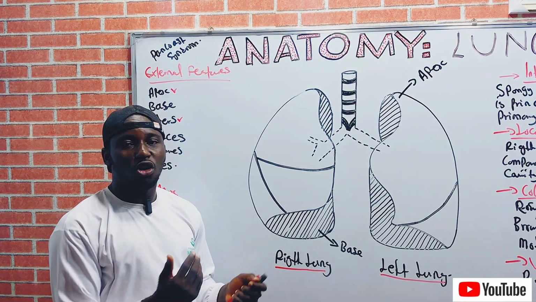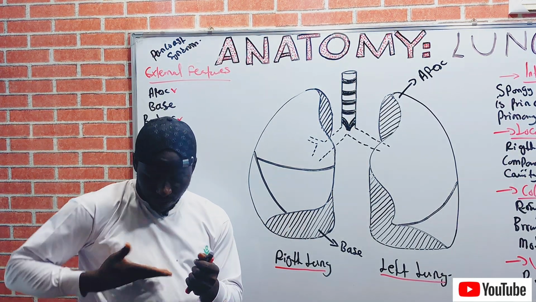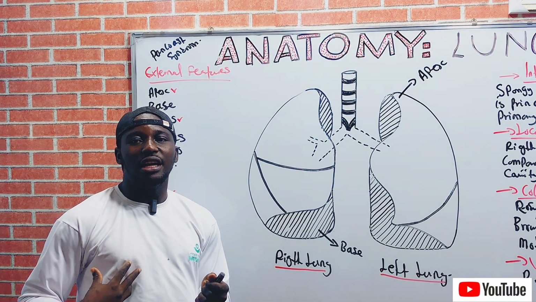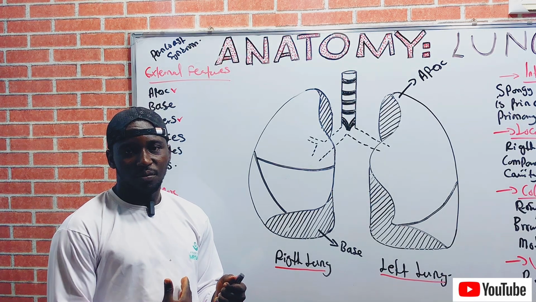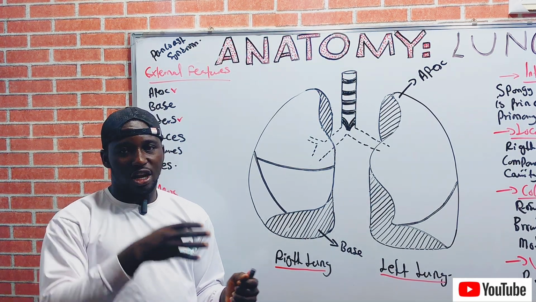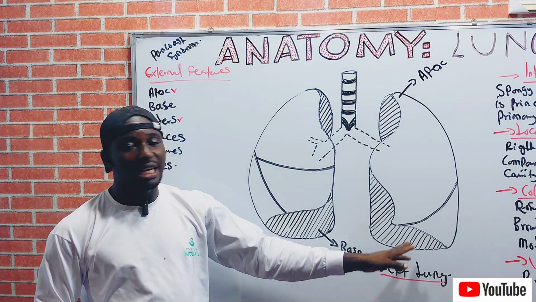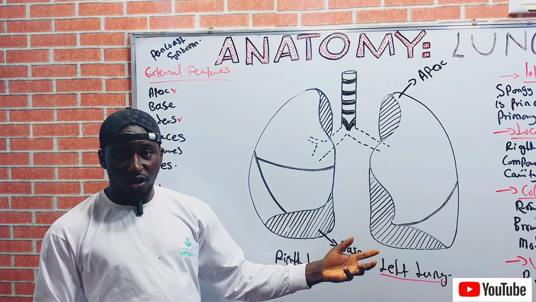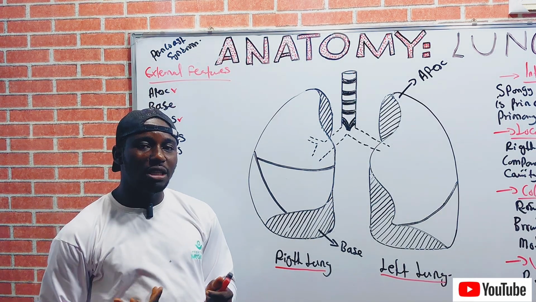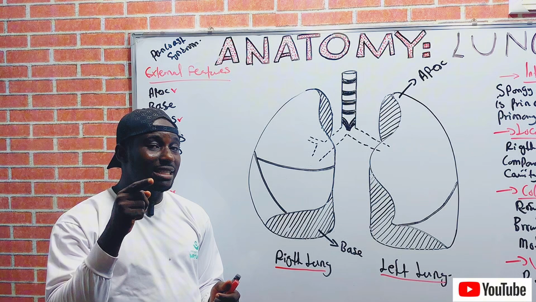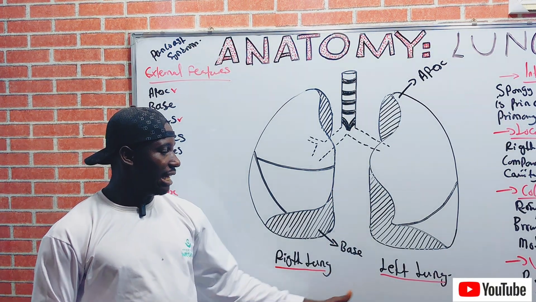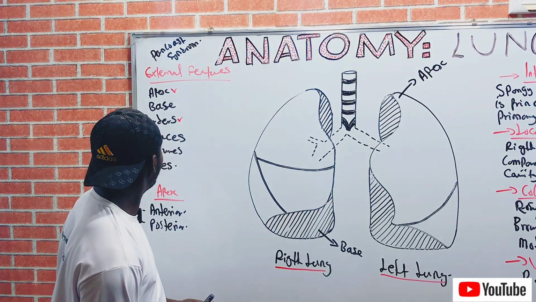The liver is bigger on the right aspect compared to the left, so it accommodates it. That is why it is deeper or more concave compared to the base of the left lung. That is an important clarification to note concerning the base of the right lung and the left lung.